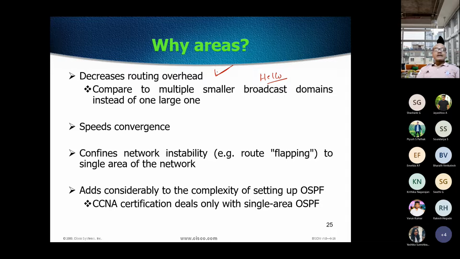So that's the reason areas decrease routing overhead, creating multiple small broadcast domains instead of one large one. Without the area concept, each router is going to exchange with each other, and they keep on exchanging their updates.